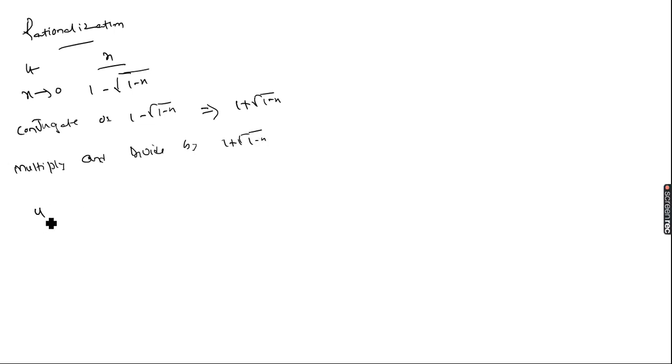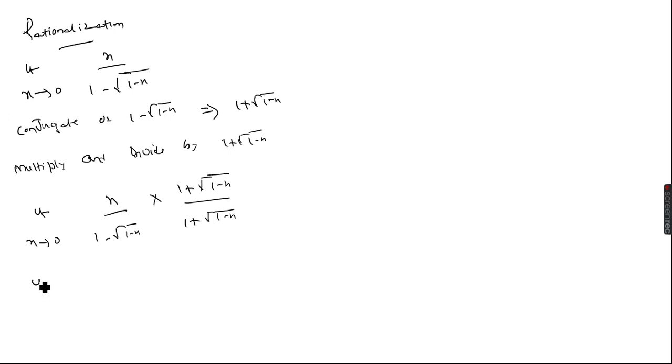So therefore, we write limit x tends to 0, x by 1 minus root of 1 minus x into 1 plus root of 1 minus x by 1 plus root of 1 minus x.